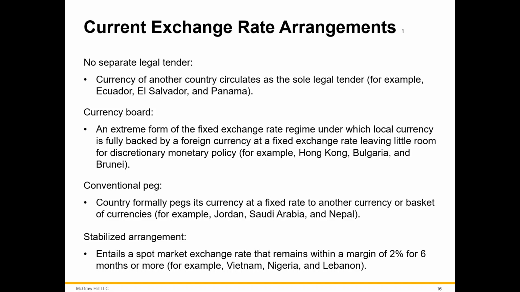And so, obviously, a peg is more effective at facilitating trade because instead of having this 2% wiggle room and subjecting people transacting in your currency to exchange risk, you're getting rid of the exchange risk. But with the stabilized arrangement, the fact that there's some movement of the price means it's easier to defend. So to some degree, a stabilized arrangement is more plausible or believable for the long term than a peg.